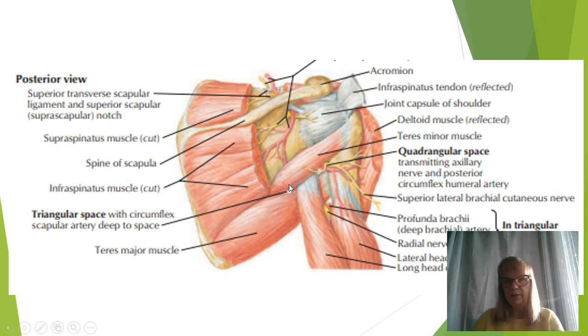For that, we need information about the topographical structures around the artery. And through the quadrilaterum, we see on the picture one artery, the posterior circumflex humeral artery, and one nerve, a short branch of the brachial plexus, the axillary nerve.